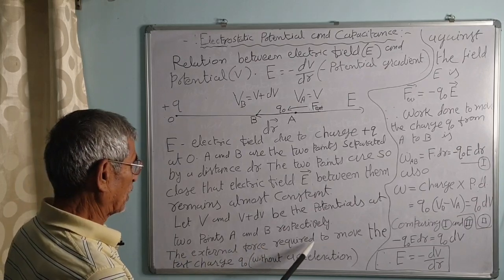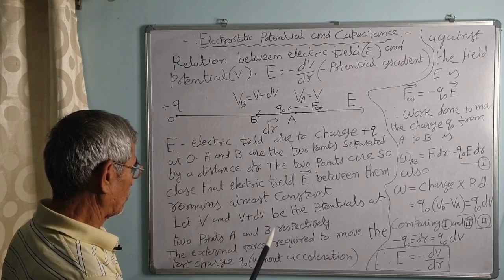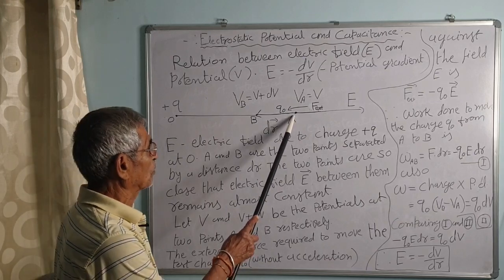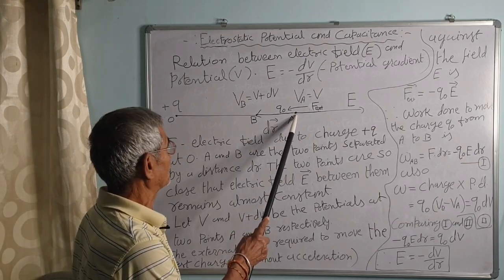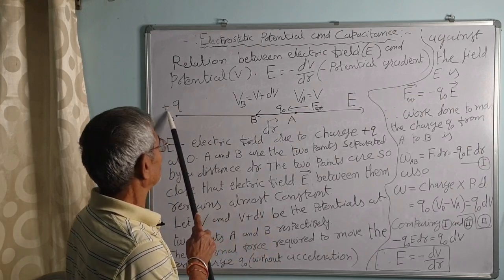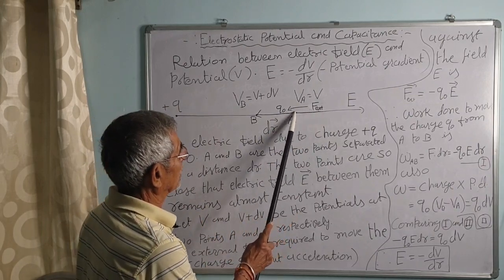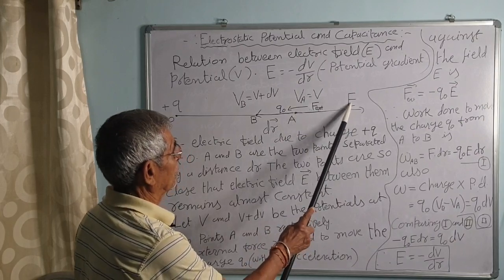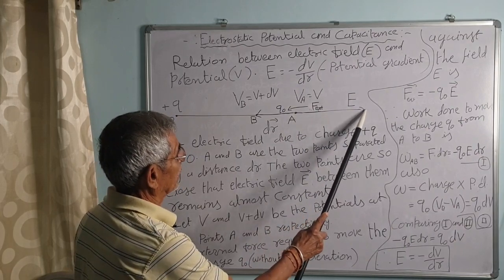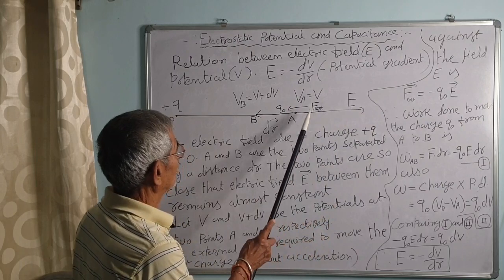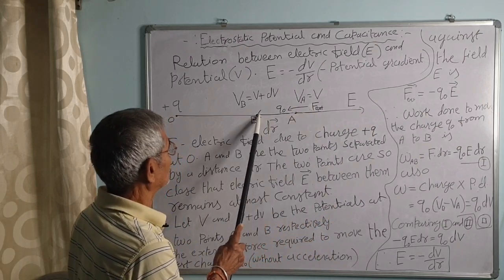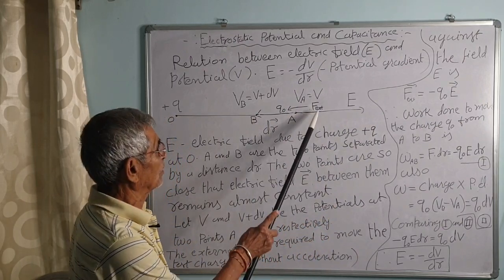The external force required to move the test charge Q0 without acceleration. Now, if we put a positive test charge Q0, since the source is a positive charge, it will exert a repulsive force. This is the direction of the electric force. So in order to move it from A to B, we have to apply an external force.